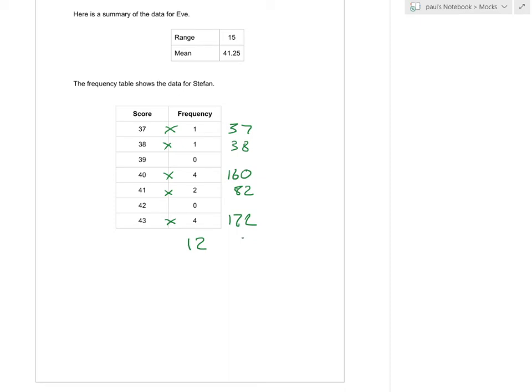So we've got 172 plus 82 plus 160 plus 38 plus 37. So altogether he scored 489 points. Now if we do the 489 in total and divide it by the number of goes that he had, divided by 12, we'll get a mean average of 40.75.